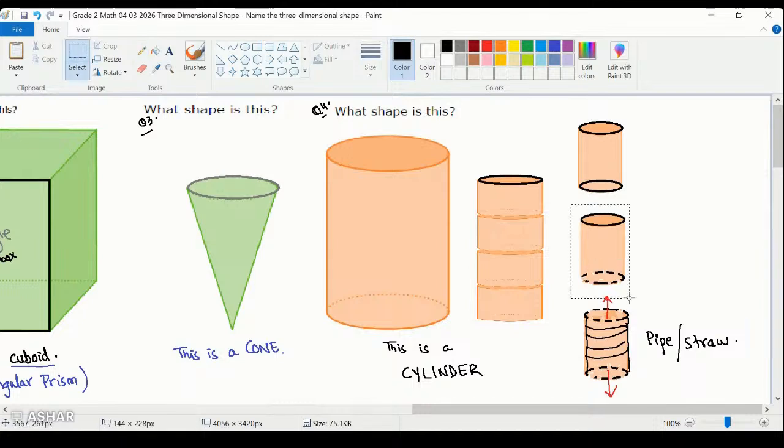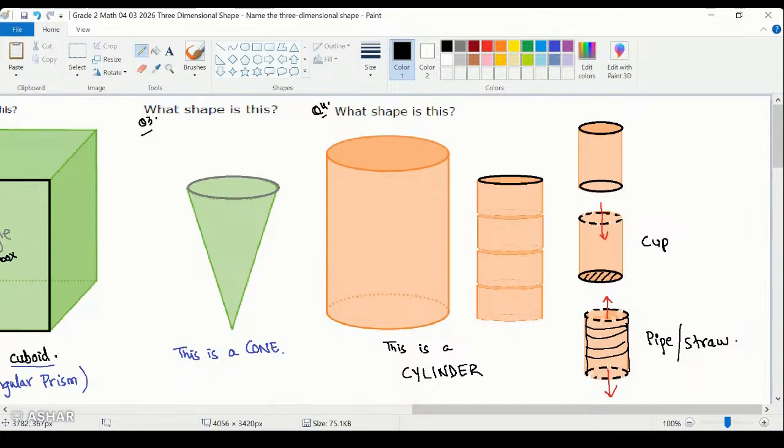If we have a cylinder in which one side is open and one side is closed, if the base is closed but the upper part is open, can we say a drinking glass, like a cup? In a cup, the base is closed, the upper part is open, right?